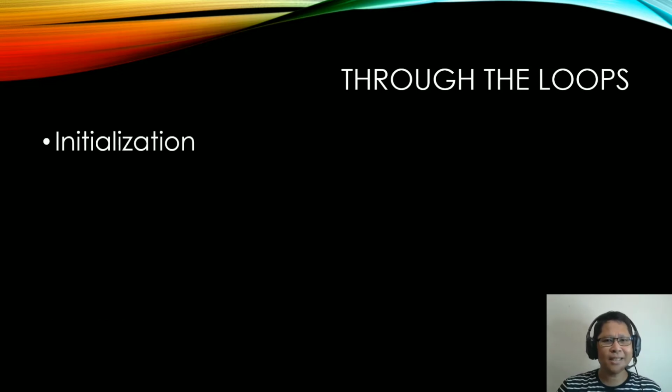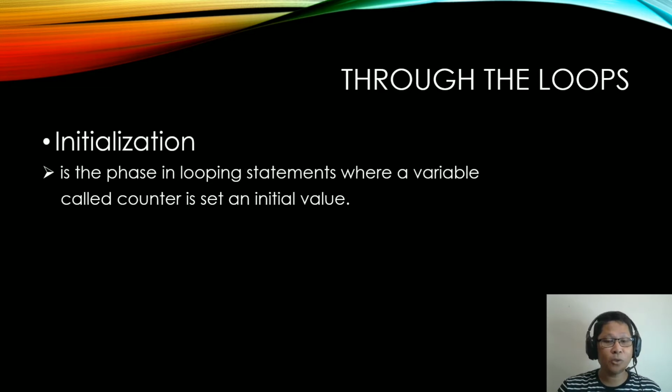What is initialization? Initialization is the phase in looping statements where a variable called a counter is set an initial value. The counter manages the flow of the loop. Usually, each iteration relies on the value of the counter.